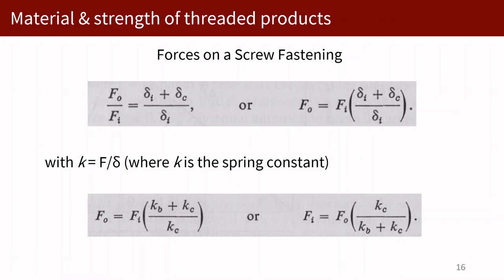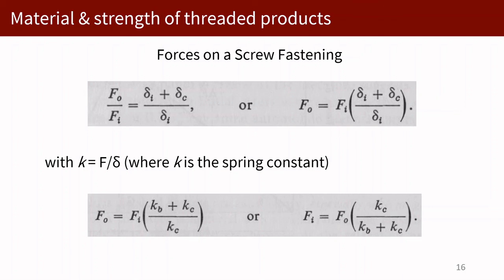Okay. Now, there is an analogy to help us understand, since it involves compressive and tensile deformation of the bolt. There is an analogy that is used by engineers. This is treated like a spring.